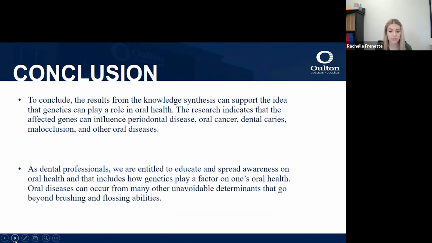Oral diseases can occur from many other unavoidable determinants that go beyond brushing and flossing abilities. So as dental professionals, we have the knowledge to educate our patients on how genetics can affect their oral health, how to treat those, and how to teach them proper cleanings, keeping their teeth nice and happy and healthy.